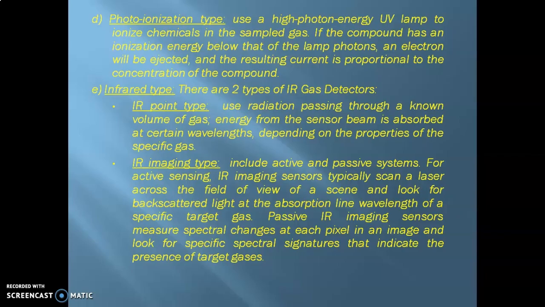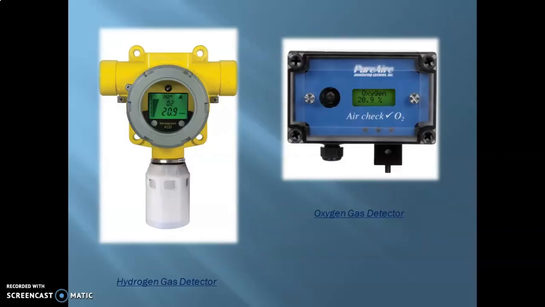Now, let me show you a few examples of two types of gas detectors. So here you can see on your left hand side you have the hydrogen gas detector. This is what it basically looks like. Of course, instead of hydrogen, you can monitor any other type of gas as well.